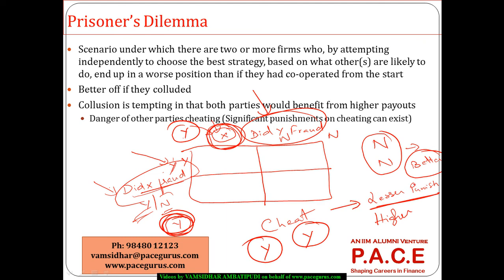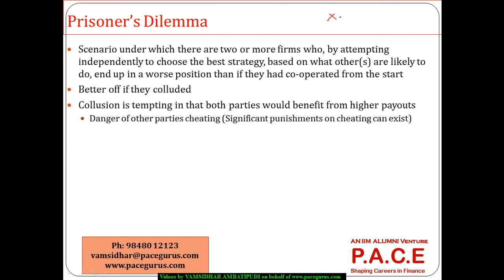Whereas if they had really colluded and trusted each other, both would have got a much lesser punishment. This is what traditionally happens even in an oligopolistic world. Firm X and firm Y get into an understanding that we will not decrease the price. As long as they maintain that, their profits are much higher. But somewhere there could be a possibility that X will have an intention to cheat. X thinks, let me drop the price.